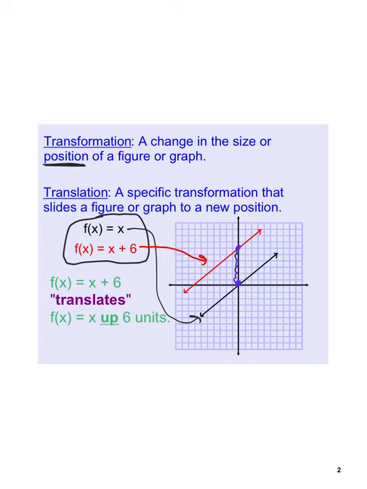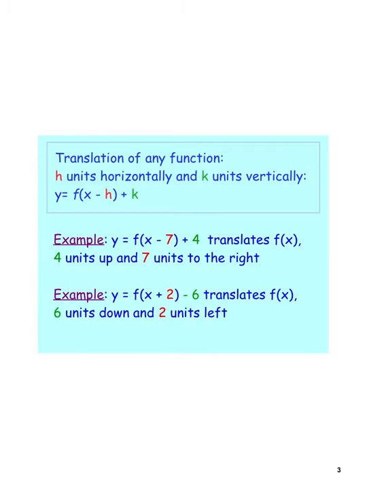But you could pick any point and the point right above it would be moved up 6 units along that line. So we would say here the x plus 6 translates x up 6 units. That is just terminology for the translation.